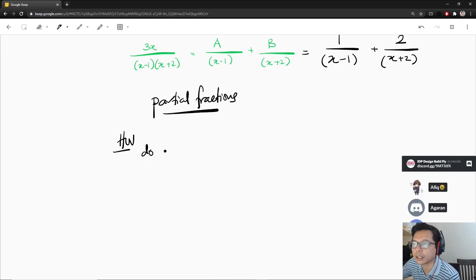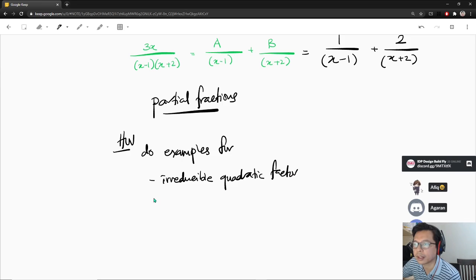So basically, homework: do examples for irreducible quadratic factor. It's a type of partial fractions as well.